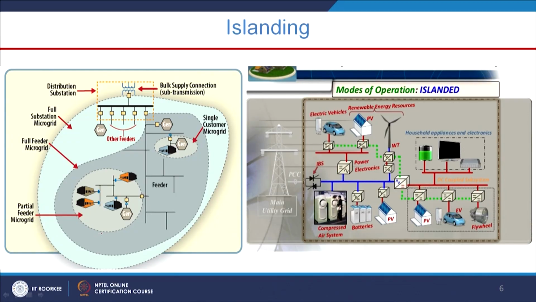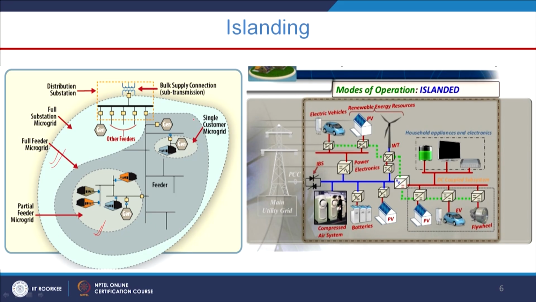We have different types of islanding depending on the system structure, or connection, or the planning of the system, which decides in what manner the system is present. If you could see here, this is known as the partial feeder microgrid, because all the feeders are not present here. And here we have the full feeder microgrid.